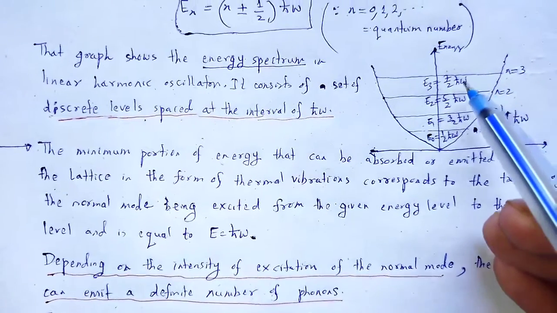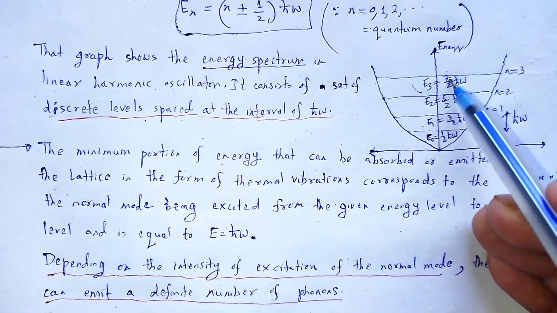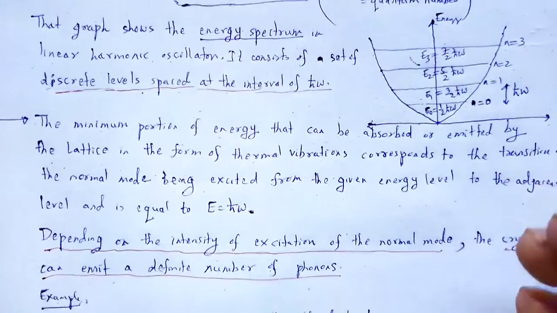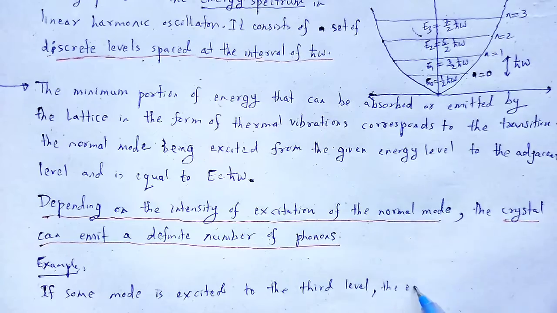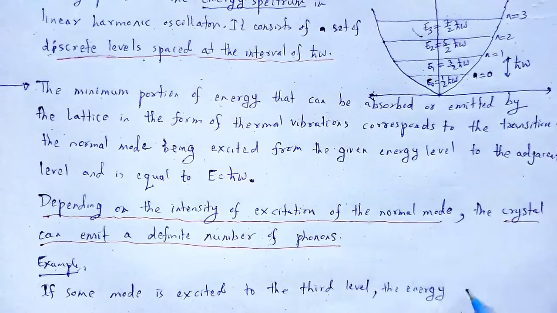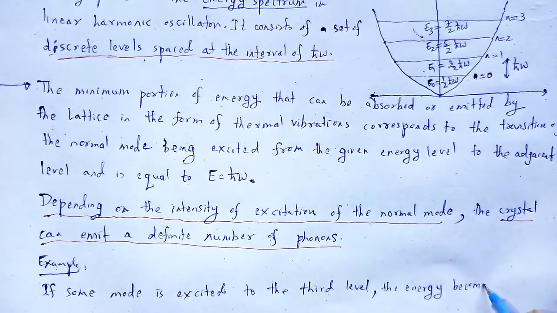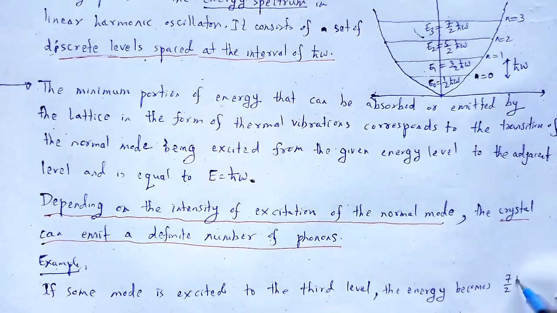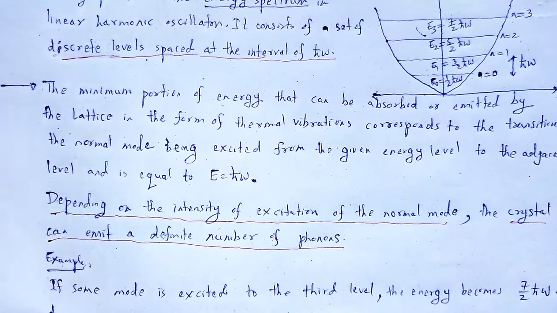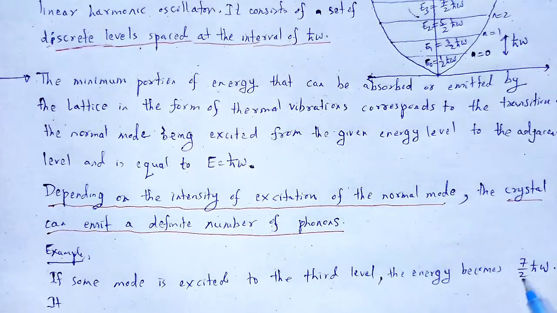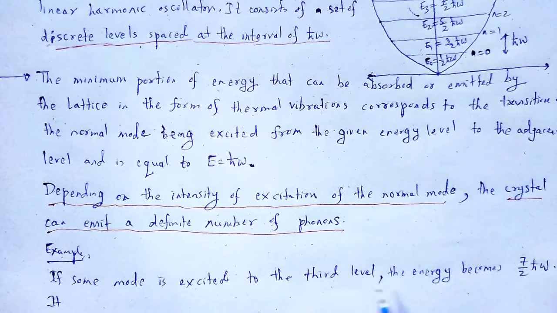In the third level, it has the energy 7/2 h cut omega. What is the meaning of 7/2 h cut omega?